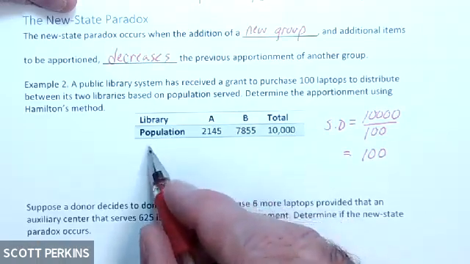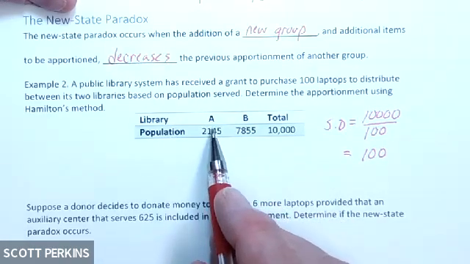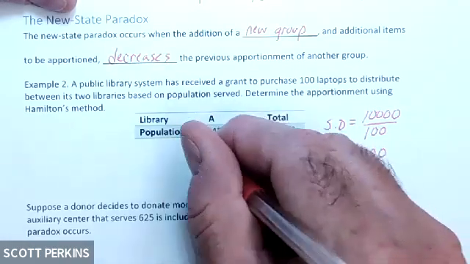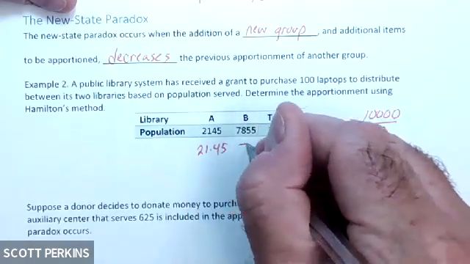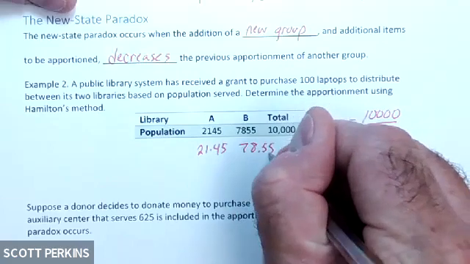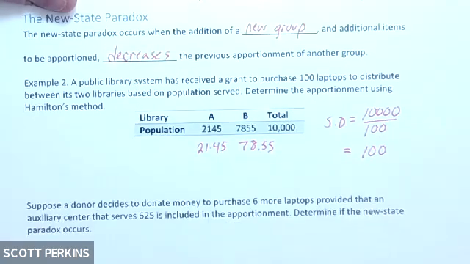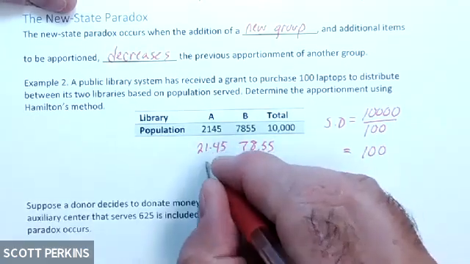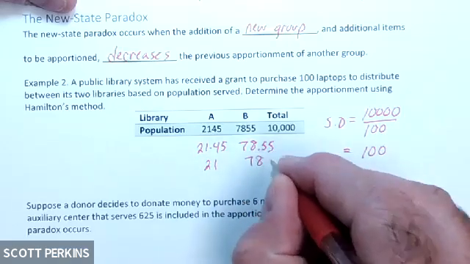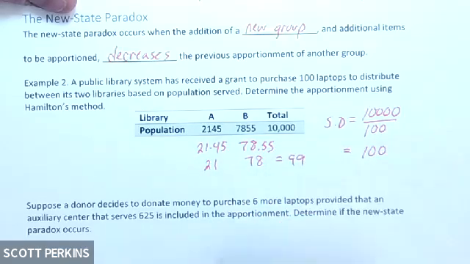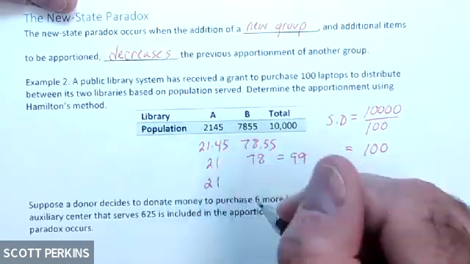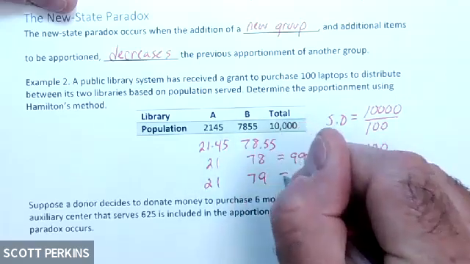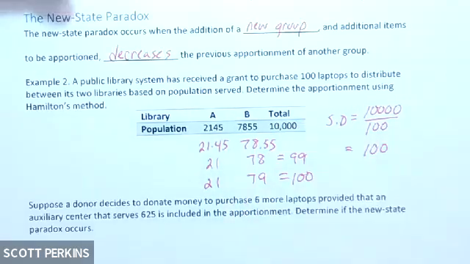So that means my quota for library A is going to be 21.45, and my quota for library B is going to be 78.55. I truncate, and that turns out to be 99 laptops. So I have to add one more, and so that means that library B is going to get that one more. So we have 21 and 79, that's 100 laptops.